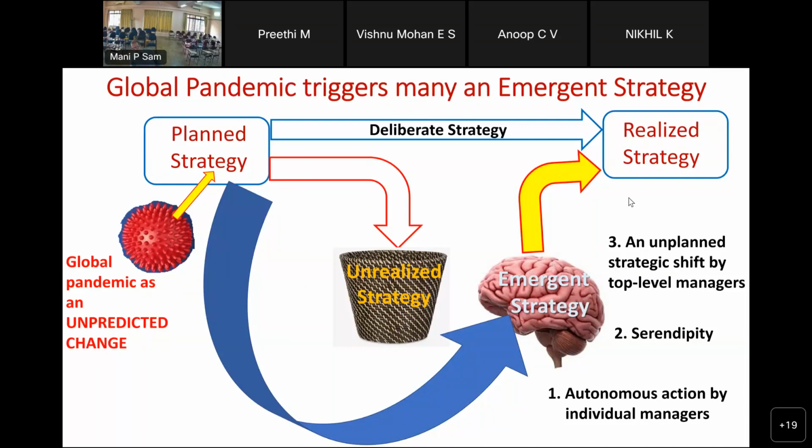So why is it possible to look at this planned strategy and realized strategy and how exactly the emergent strategies come into play? All that can be analyzed using this simple tool known as business model canvas, which again we'll try to do with the help of an example later on in this lecture.